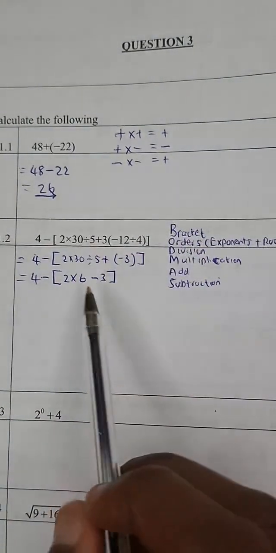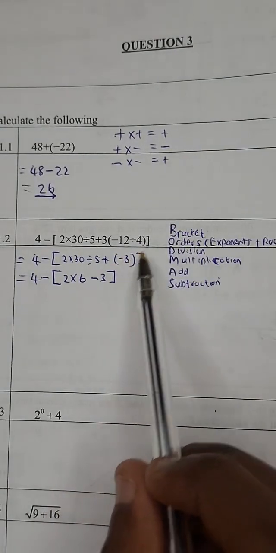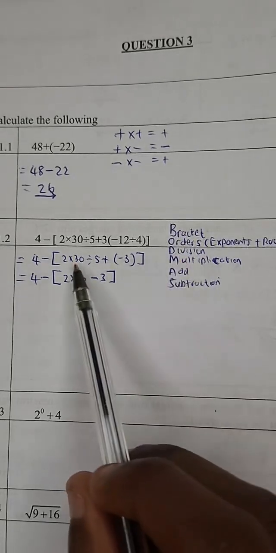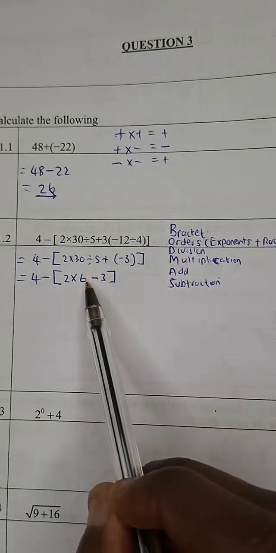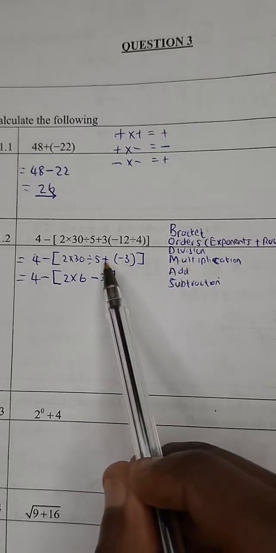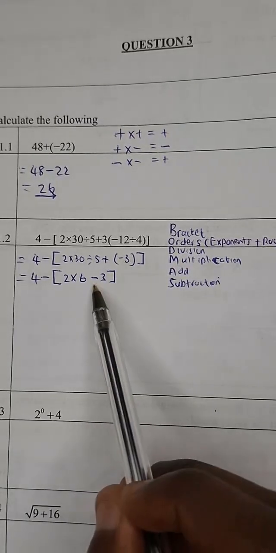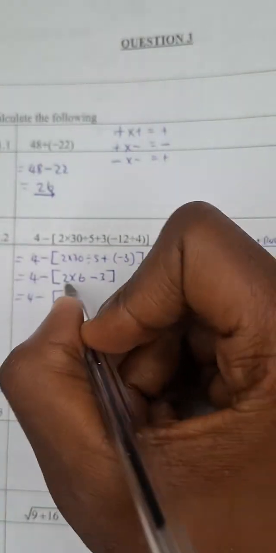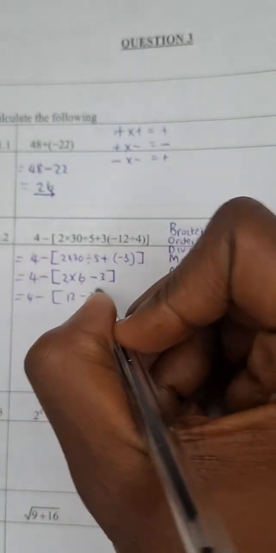So you see, guys, the negative 3 has come about because of brackets. Order. Division, 30 divided by 5, 6. Multiplication, positive times a negative is -3. Multiplication there as well, we have 4 minus, in brackets, 2 times 6 is 12, 12 minus 3.